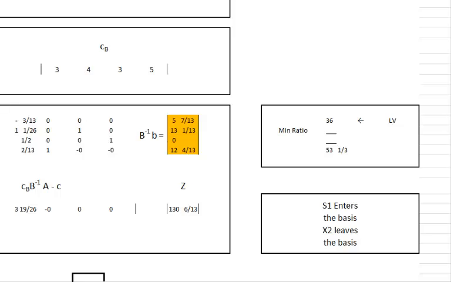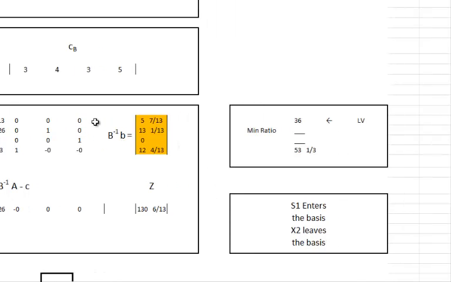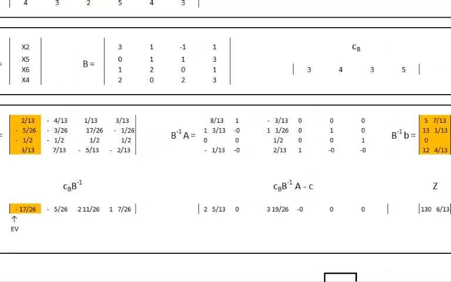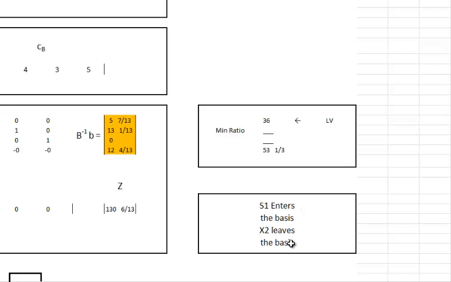The min ratio is going to be in here, and that is the first row, and the first row in our problem is x2. So x2, that as in one of the steps entered into the problem, is now going to leave the basis. S1 will enter into the basis, and x2 will leave the basis.